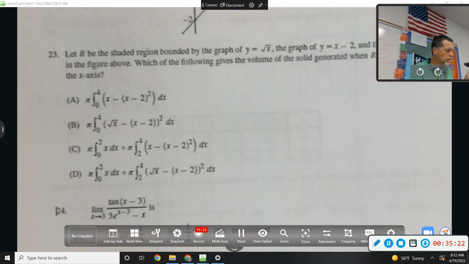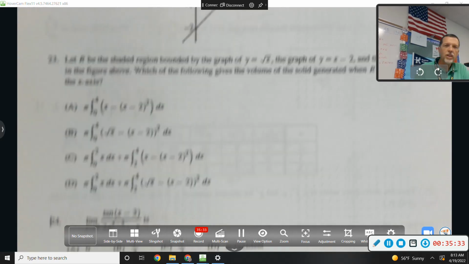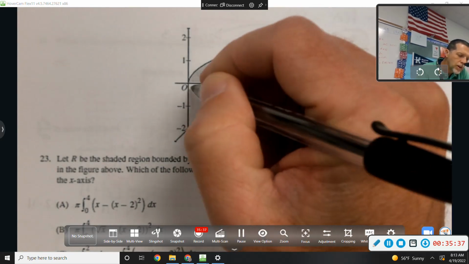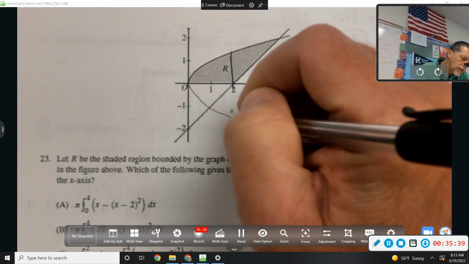Number 23. Frustrating, because many of you put answer choice D. You recognized that there's two things going on here. From 1 to 2, if I rotate it around, that's a disk.